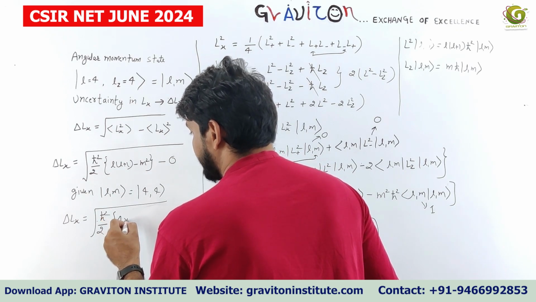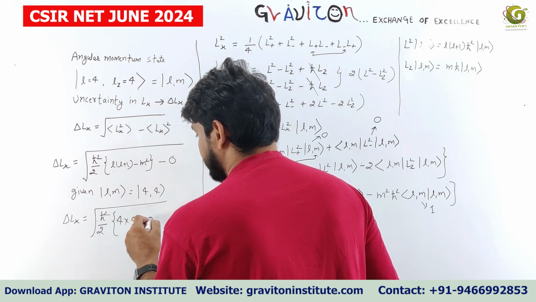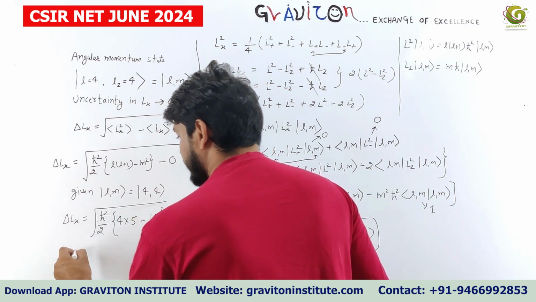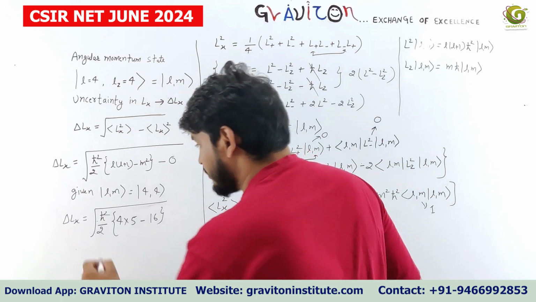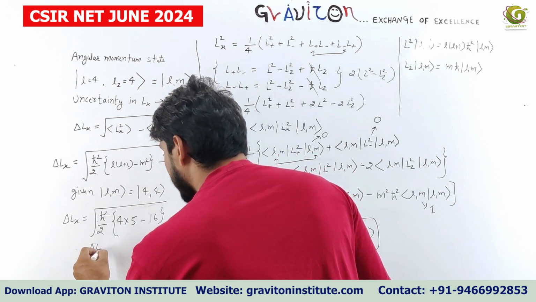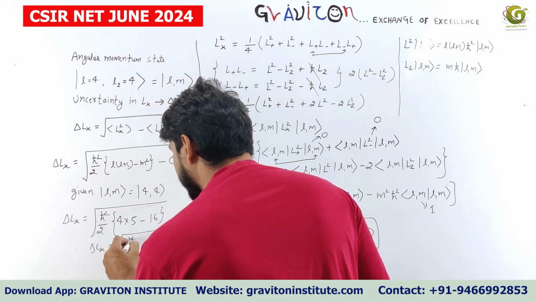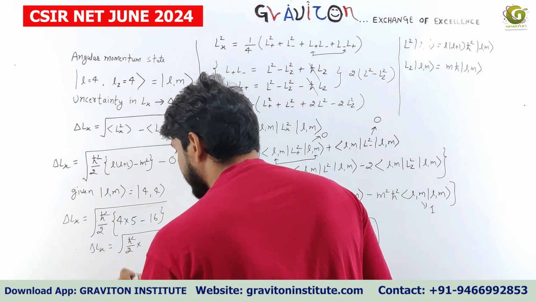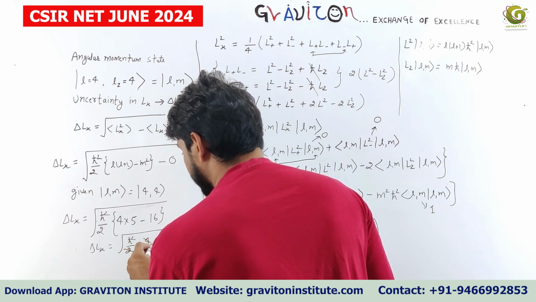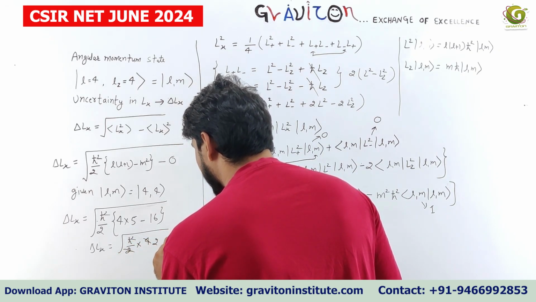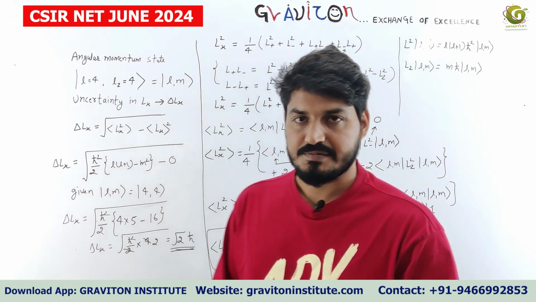So 4 into 4 plus 1, 5, minus 16. Fine. So this will become now ΔLx is under root ħ²/2 into 20 minus 16, 4. So this is 2. So this is root 2 ħ. This is the answer.